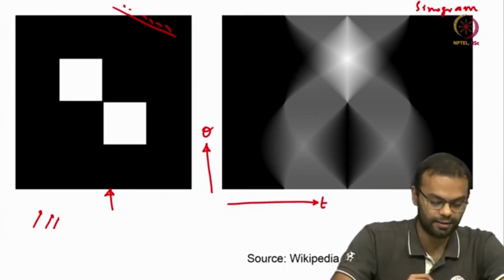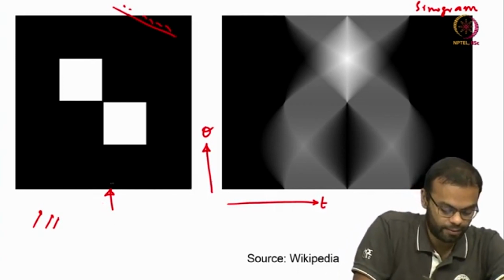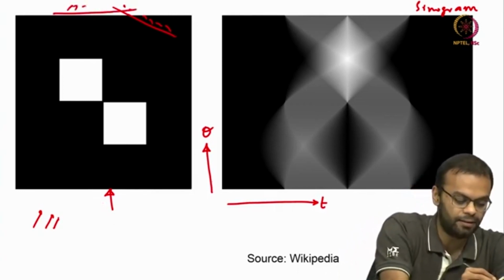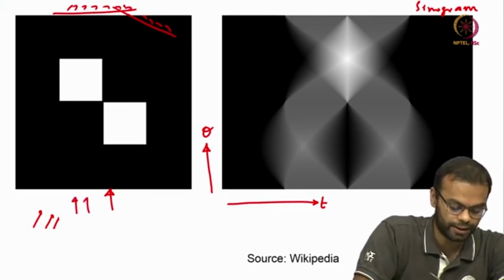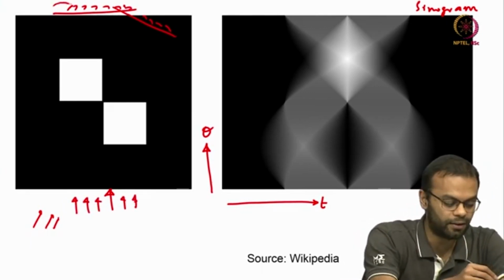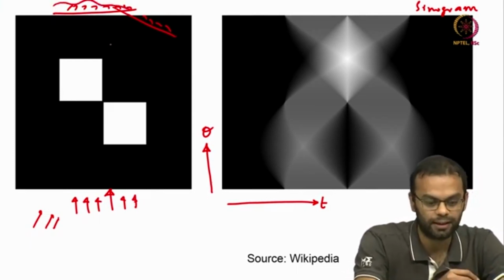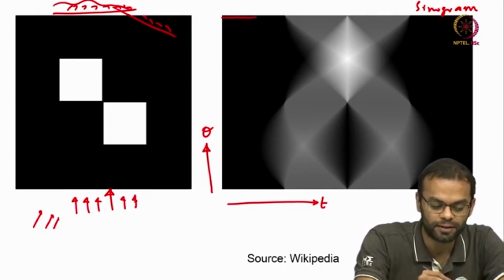If I start at theta equal to 0, that means I have my detector lined exactly parallel like this and my rays are going exactly like this. Then I will measure some p theta of t here, depending on how much light is getting absorbed as it goes through, and that will give me the first row of this image.